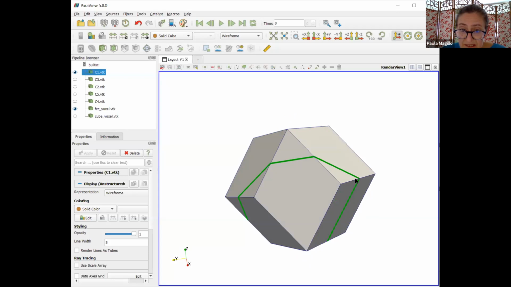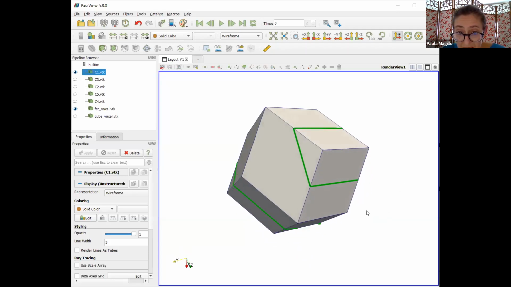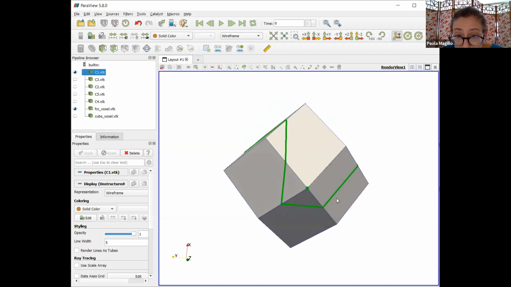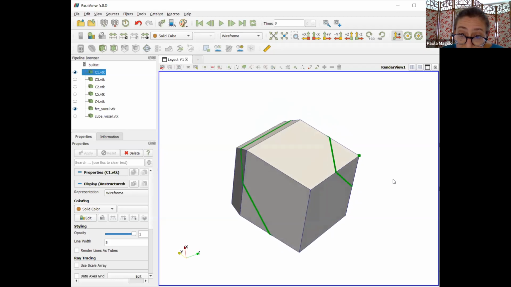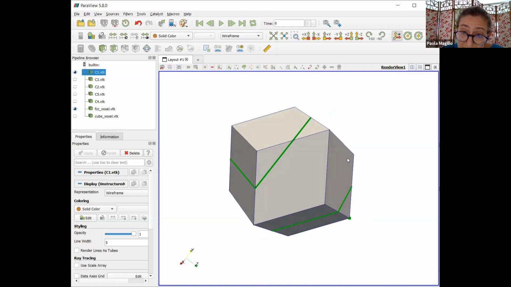In the opposite vertex, we have 2 and 1, 1. Then for the other 2 vertices, we have 2 and 2. And if I find the second one, okay, this is the same.